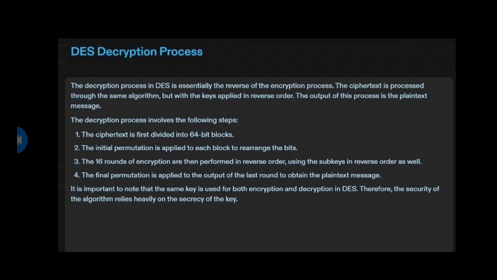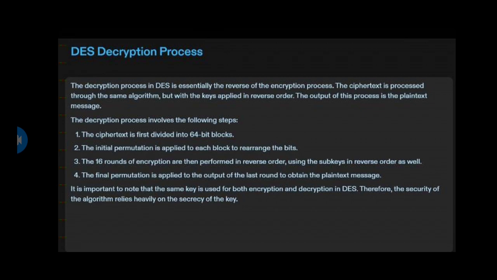The ciphertext is first divided into 64-bit blocks. Then the initial permutation is applied to each of the blocks to rearrange the bits. In the third step, the 16 rounds of encryption are performed in reverse order using the subkeys.